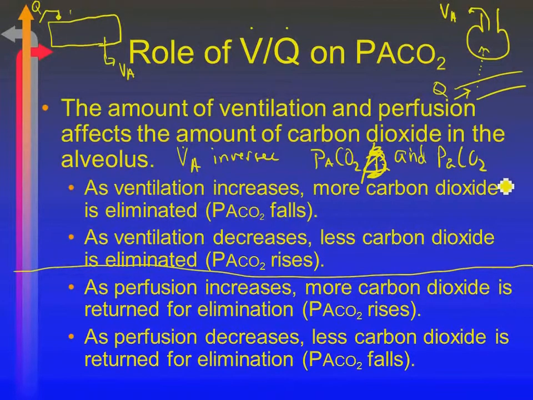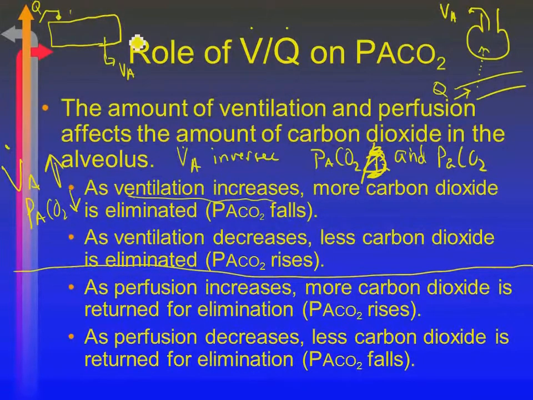And we use those two interchangeably because by the time the blood gets through that transit point, the equilibration has happened, so our alveolar and arterial should be the same. But as ventilation goes up, what should happen to alveolar? Well, it's going to fall. There's an inverse relationship there. And the opposite is true also as far as the CO2.